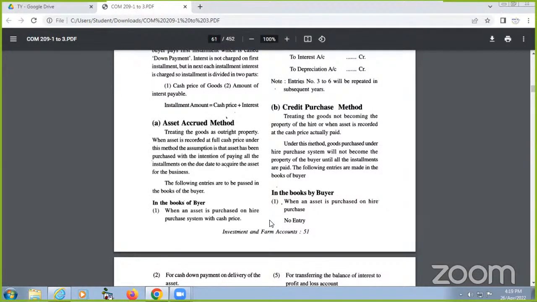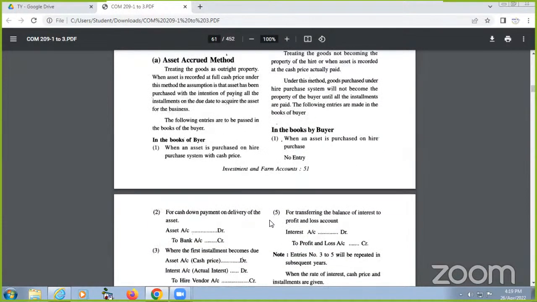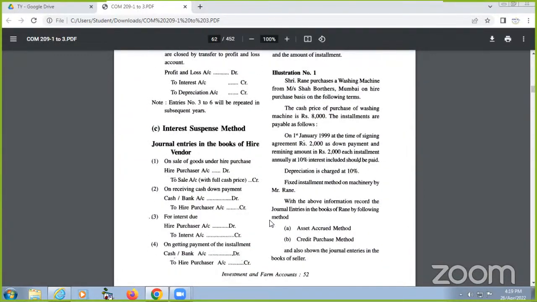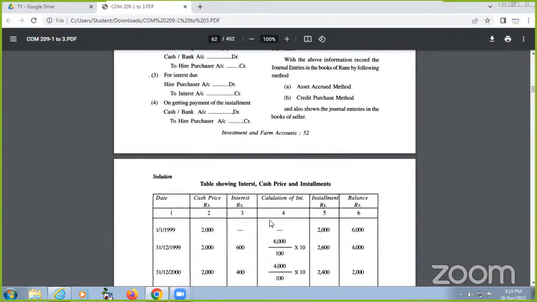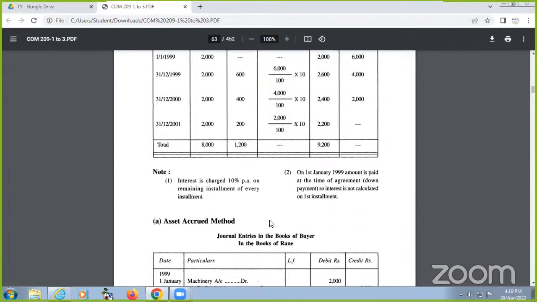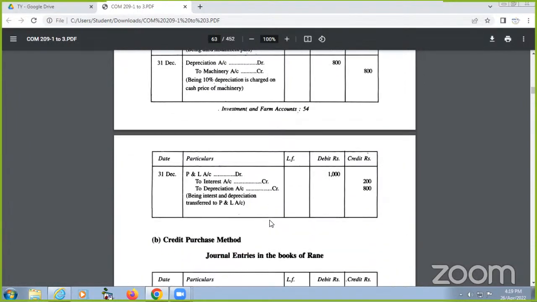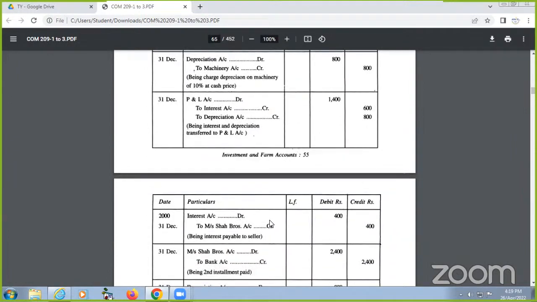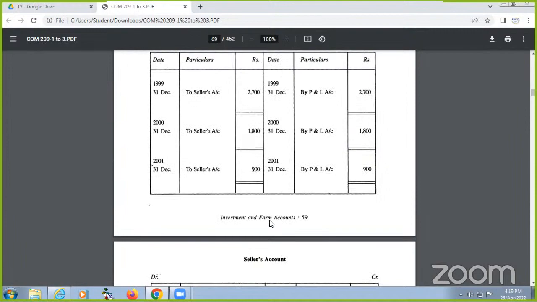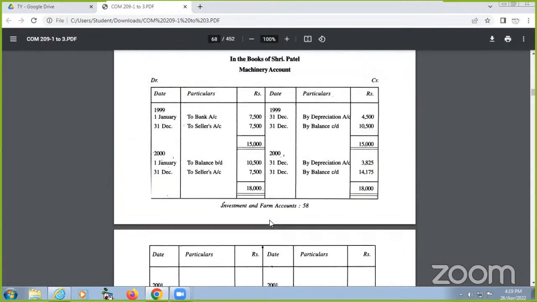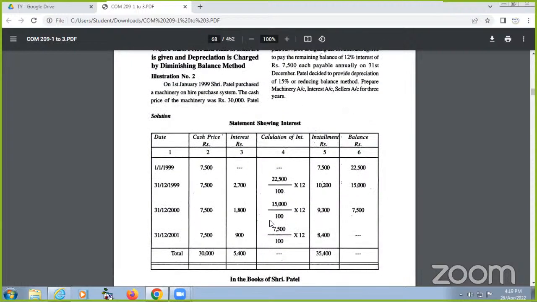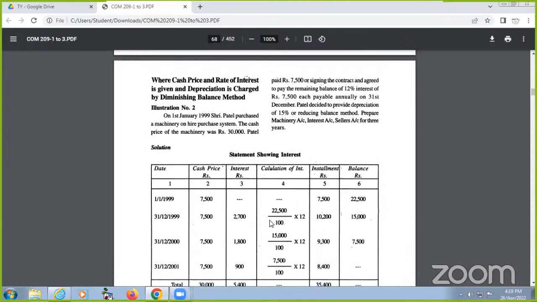Yes, we already finished this. After that, we did this table, and according to that, we pass journal entries. And we just saw one example of this hire purchase system.